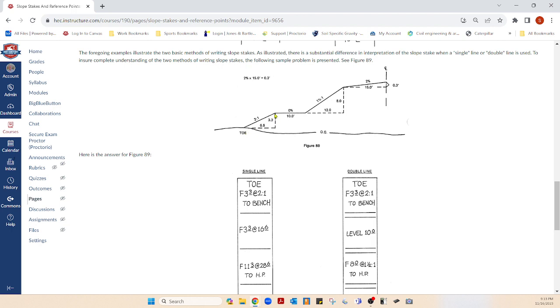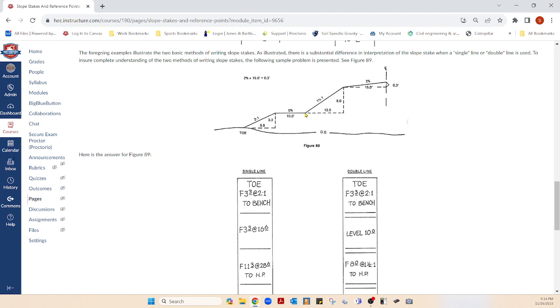I'm going to have to fill 3.3 at 2 to 1, and that's going to give me a horizontal of 6.6 feet. So I have to get from there to here. Now, this is going to be another fill of 3.3, because we're going to the same level, but we're going out further.